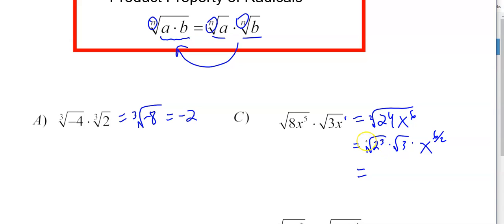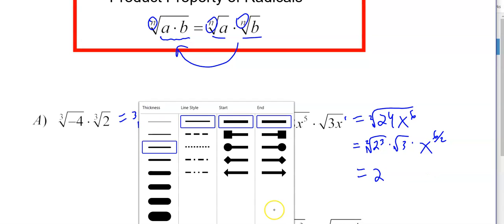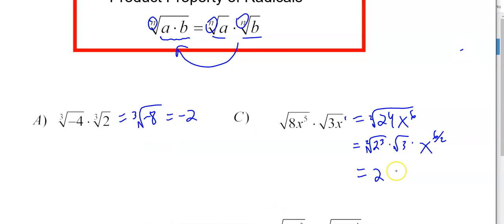So actually, when it's a square root, you're looking for 2 of those. So a 2 does come out, but what's left over inside is going to be a 2 and a 3 in that case. Okay, so we have 2, and then left over inside there's 2 times 3, which is 6.